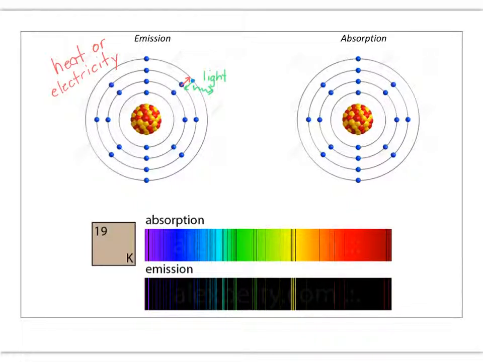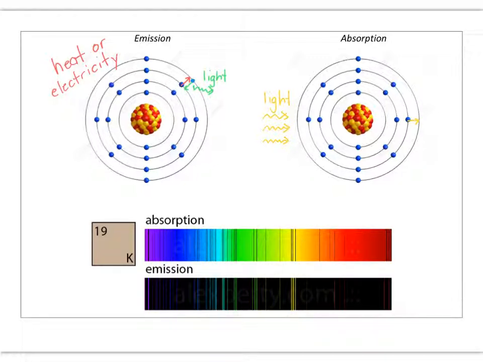If we shine light onto this atom, so we've got our atom here, and we usually do that squiggly arrow for light, what can happen is if this light has the same amount of energy that corresponds to one of these gaps, as it goes through, it can cause the electron to jump into a higher energy orbital.